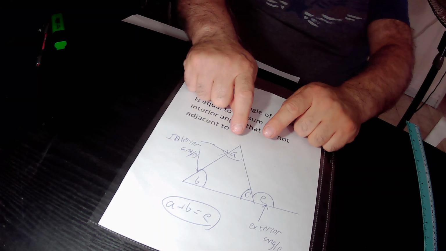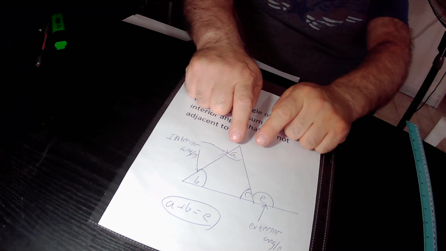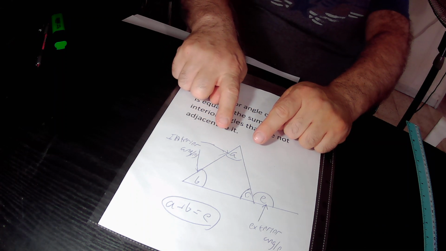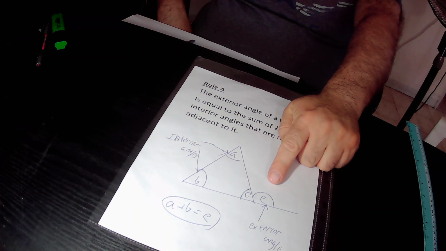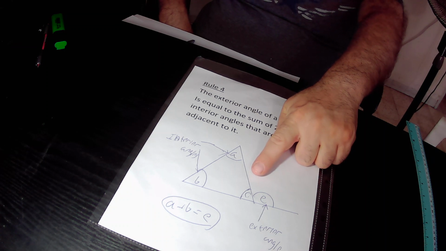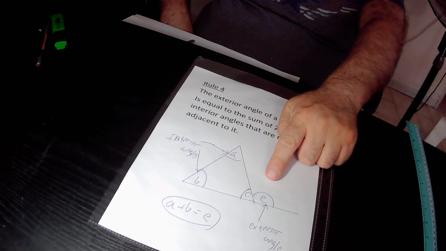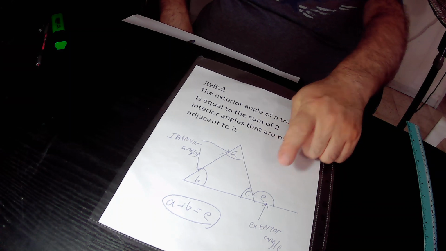Inside this triangle we have angles A, B, and C, and those three angles are defined as the interior angles of this triangle, and this is angle E, that is outside of this triangle ABC. So angle E is located outside of this triangle, and therefore this angle E is defined as an exterior angle of this triangle.